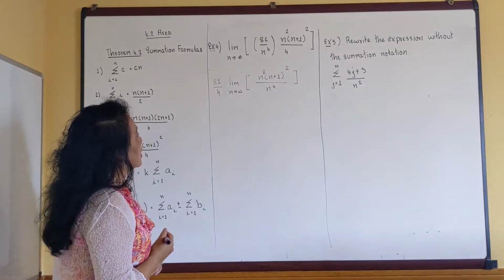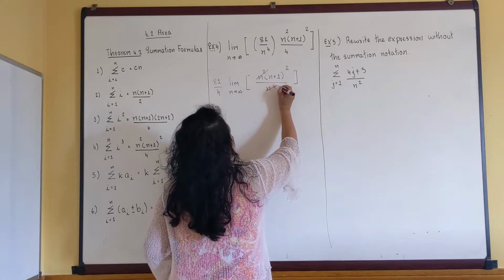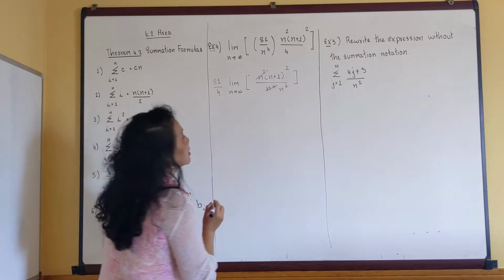Alright, next step I'm going to reduce the n squared here, and here I end up with n squared.